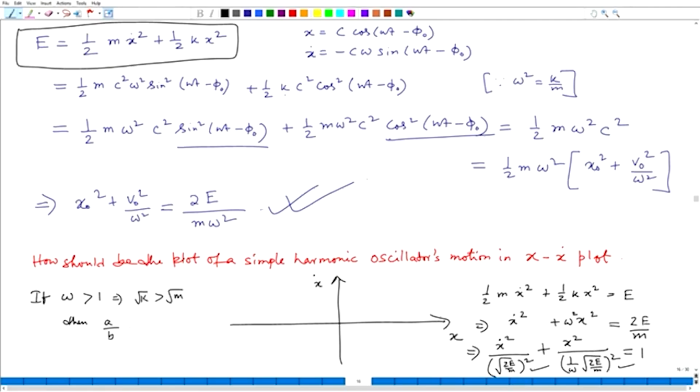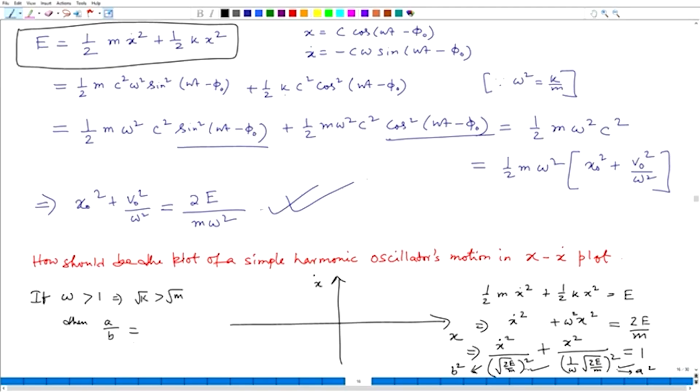If I assume this one as my a and this one as my b, because x dot is along the y axis, this is b square and this is a square.